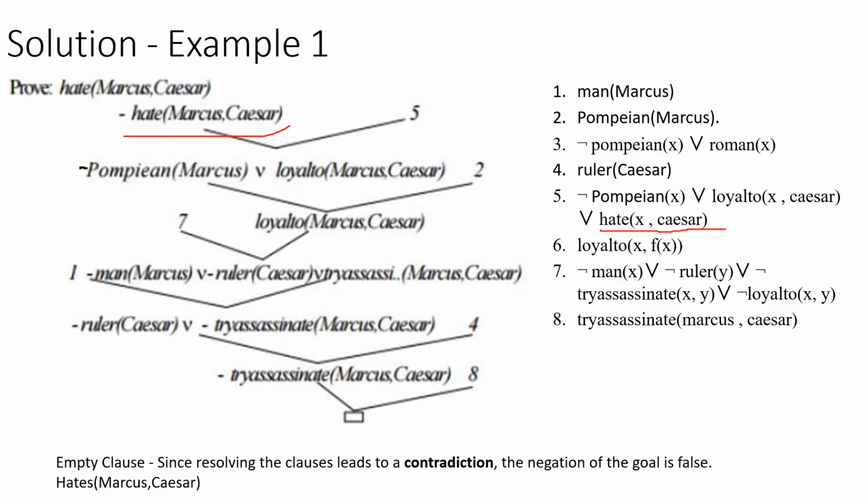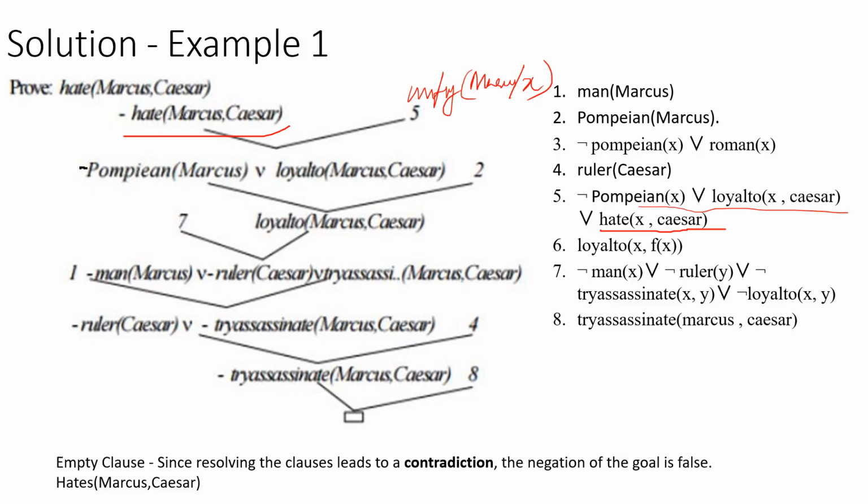So here we are applying unification, that is we will substitute Marcus as x. So then this is matching, and these are hate Marcus comma Caesar and hate x comma Caesar. Here they are complementary clauses, so they will cancel. So we will take the remaining thing, that is not Pompeian x or loyal to x comma Caesar. Here x is Marcus, so it will become not Pompeian Marcus or loyal to Marcus comma Caesar.